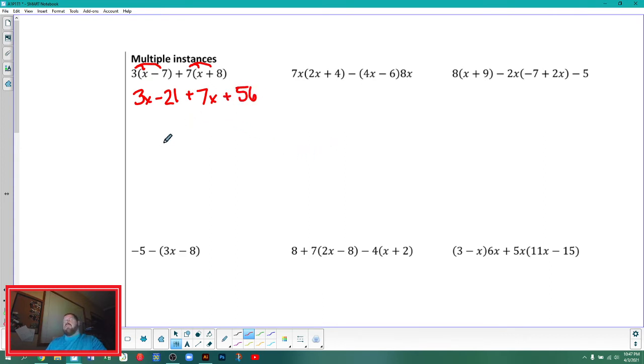Now I have to simplify by combining like terms that we talked about yesterday. I have an x term and an x term, a number term, and a number term. Okay. 3x and 7x is 10x's. -21 and +56 is 35.